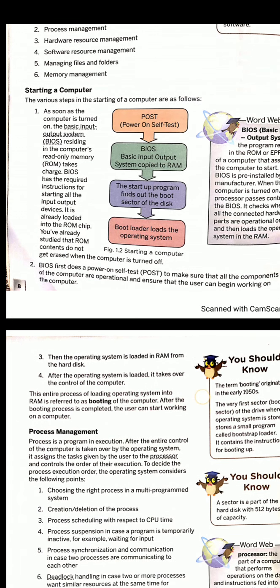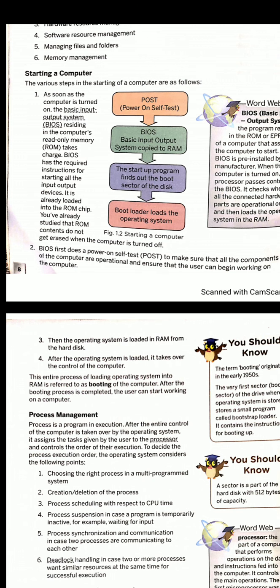So students, first from the BIOS, the basic input output system, some programs are loaded from the ROM chip, and the POST process is executed to check whether all components are working or not. Then the operating system is loaded in RAM from the hard disk.